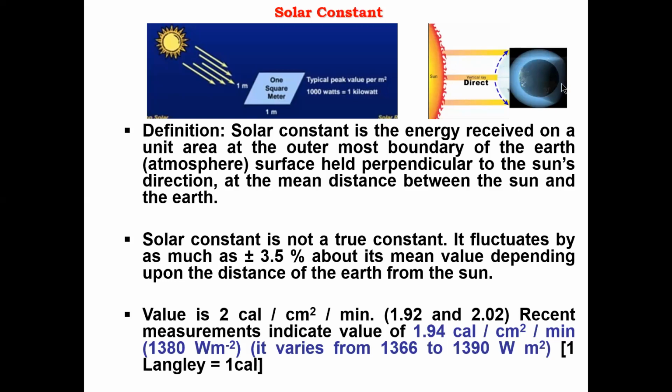This is the Earth's atmosphere. Suppose a 1 by 1 meter area, that is one square meter, receives the solar radiation; this is called the irradiance, or the insolation.